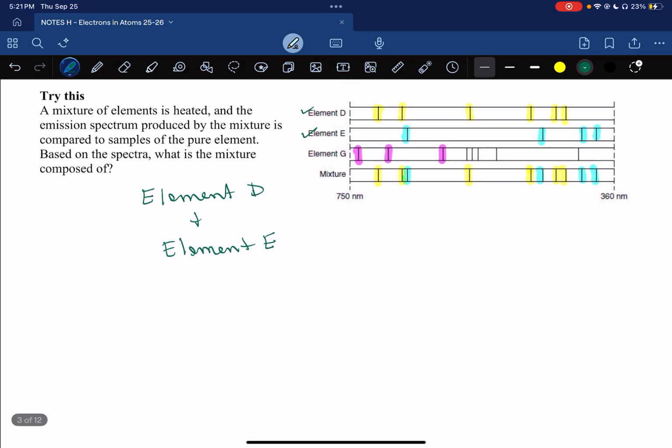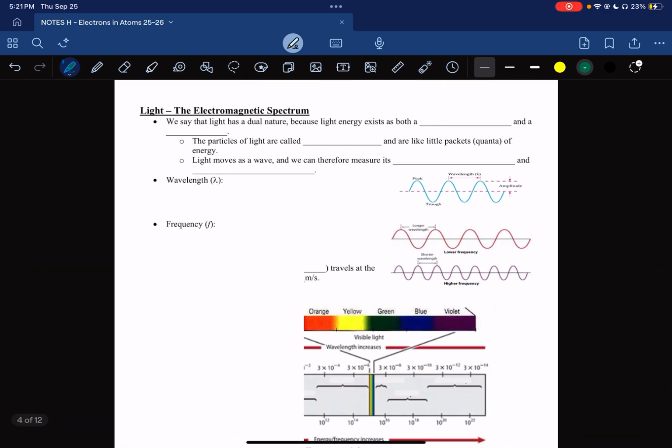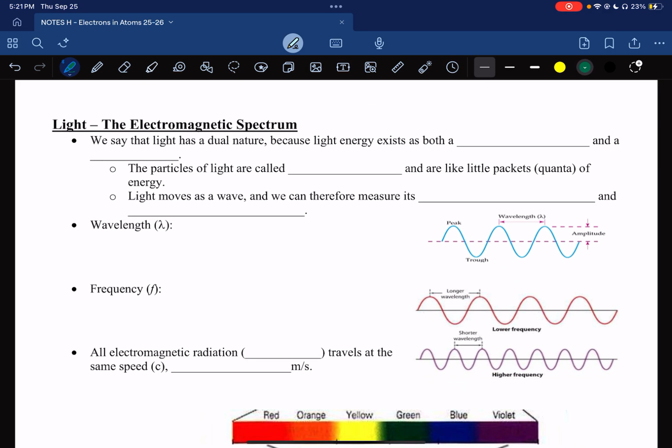That concludes the part where we're talking about the atomic emission spectra. Now we're going to talk about the electromagnetic spectrum. We learned yesterday that wavelength and energy are inversely related.